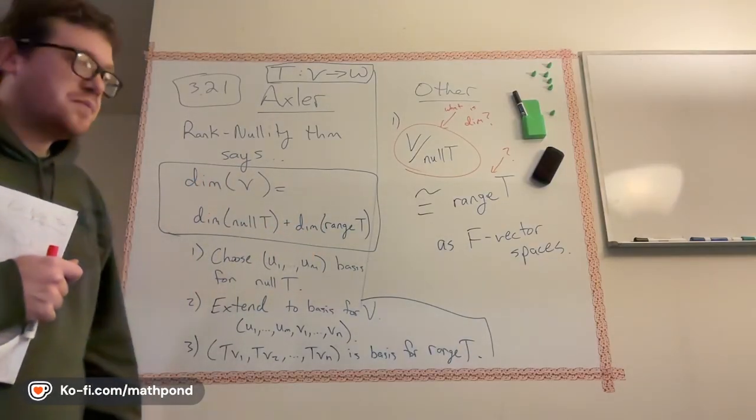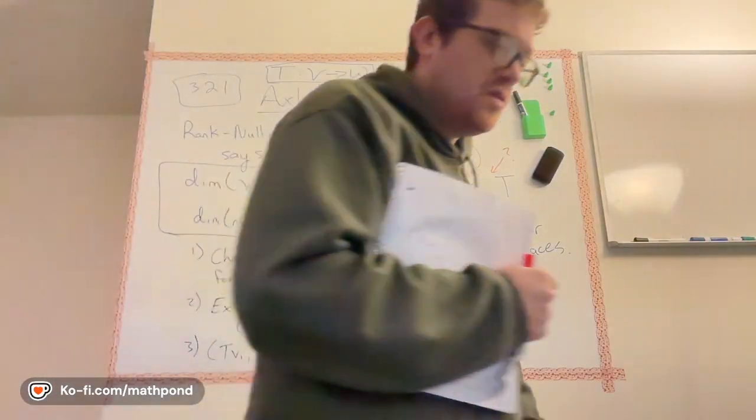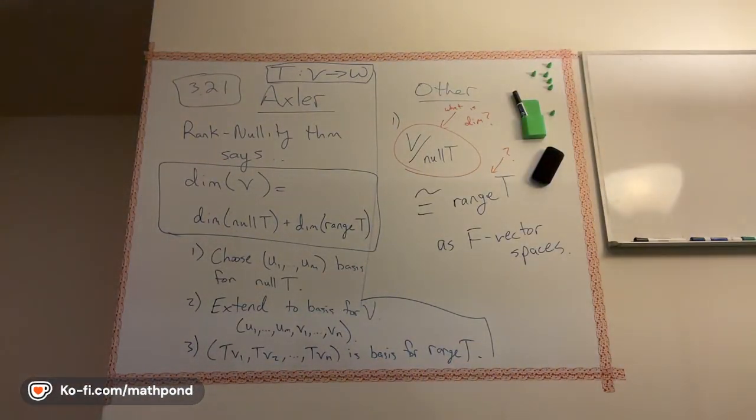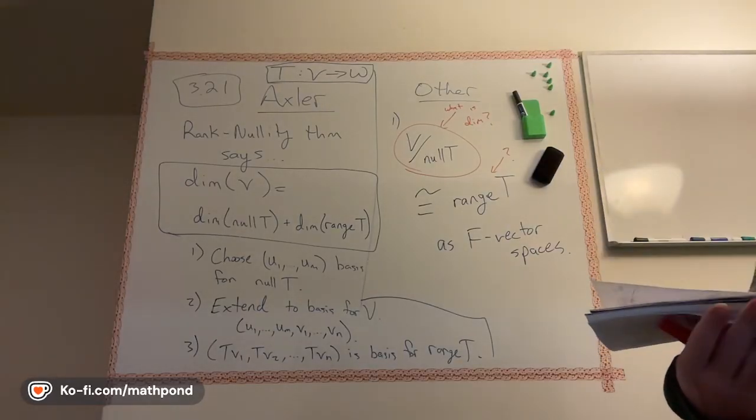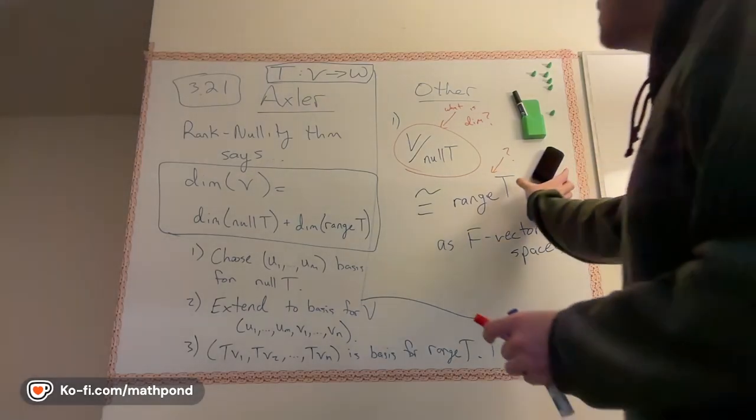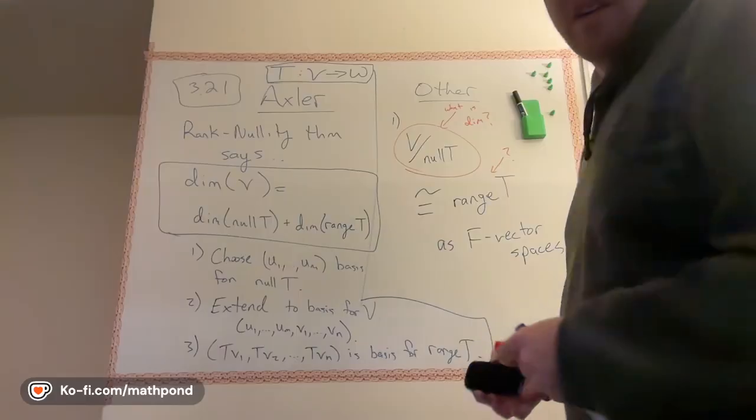Okay. Any questions? So that was 3.21, Axler. Last chance before I erase.